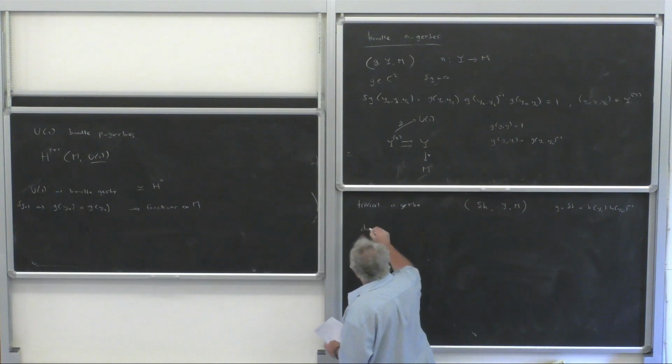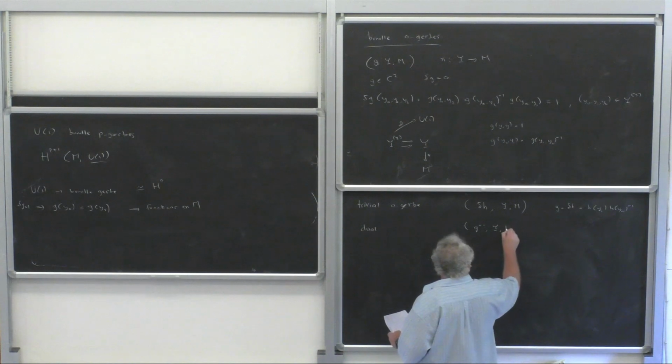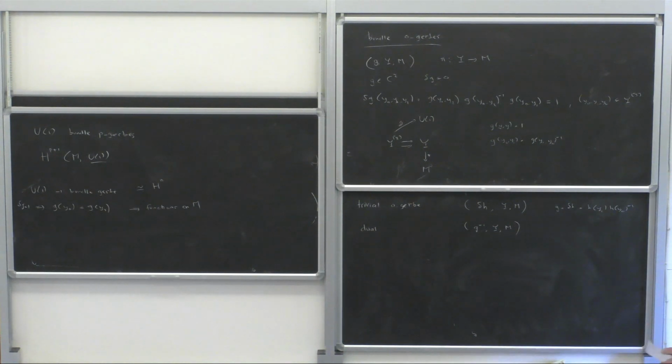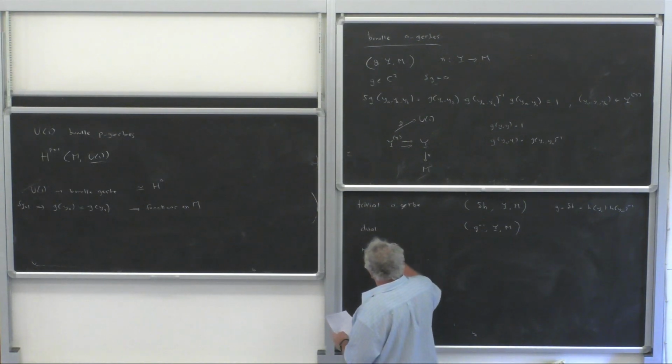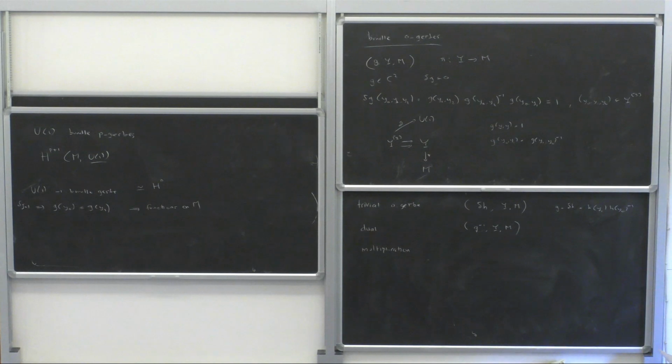We also have a dual. The dual is just the inverse with the same surjective submersion. The inverse satisfies the same cocycle condition. And we have a multiplication, which will make the set of zero gerbes into a group.